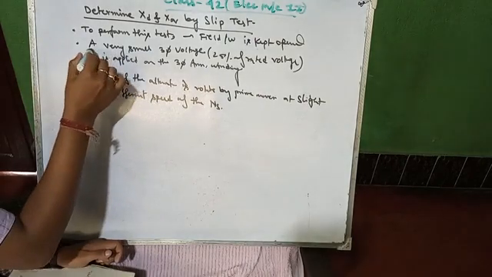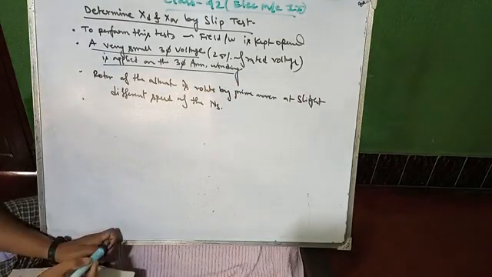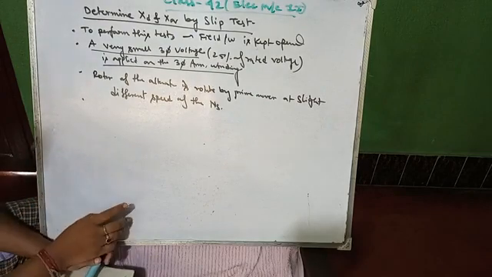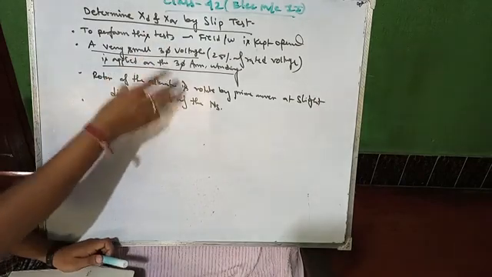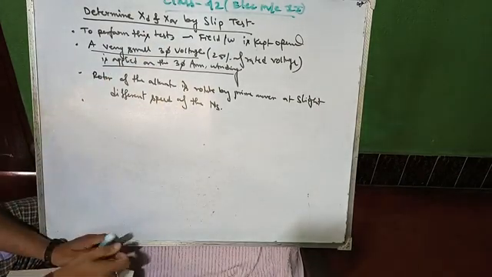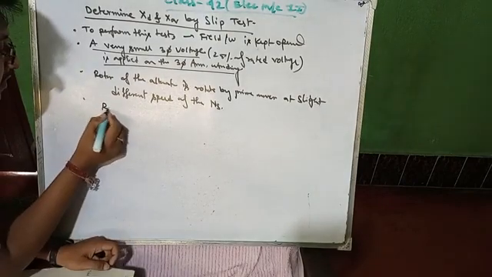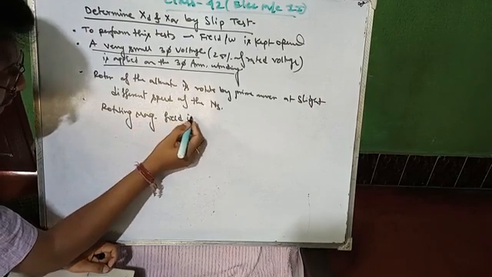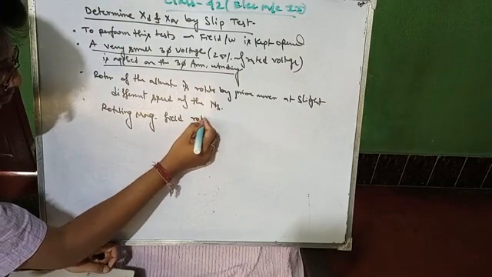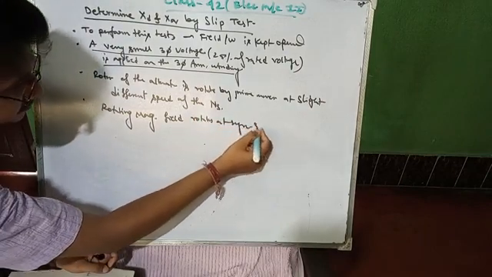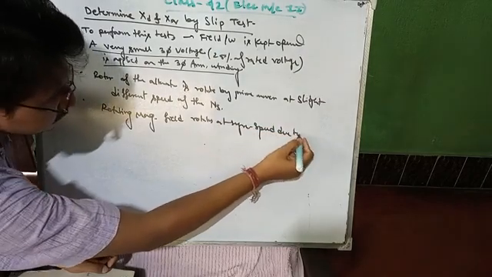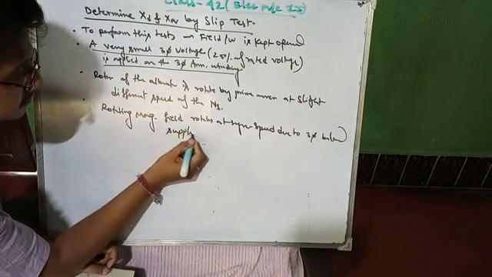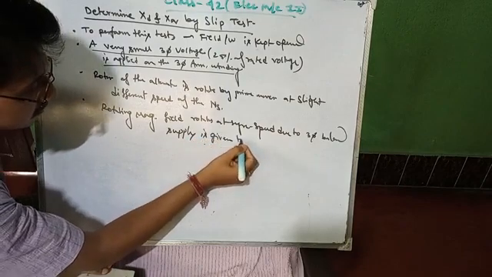When this very small three-phase voltage is applied to the three-phase armature winding, there will be a rotating magnetic field that rotates at synchronous speed, due to the three-phase balanced supply given to the armature.